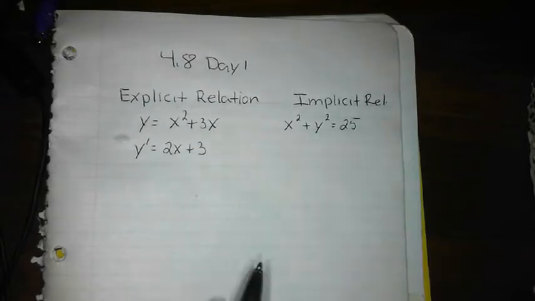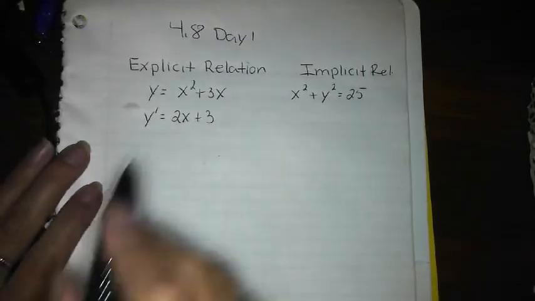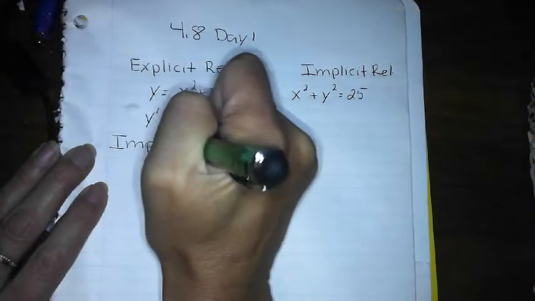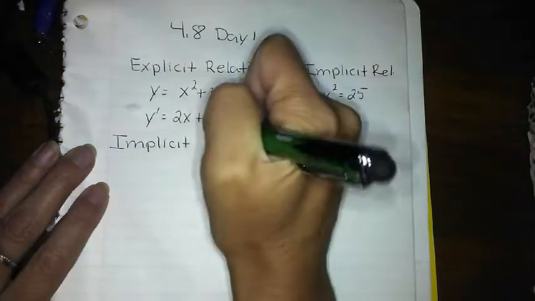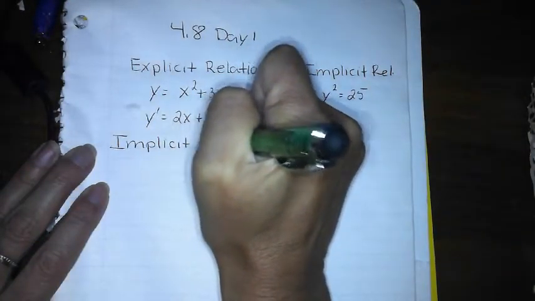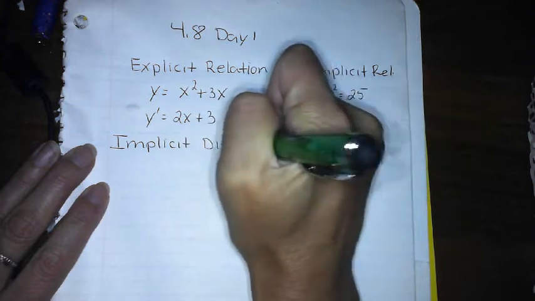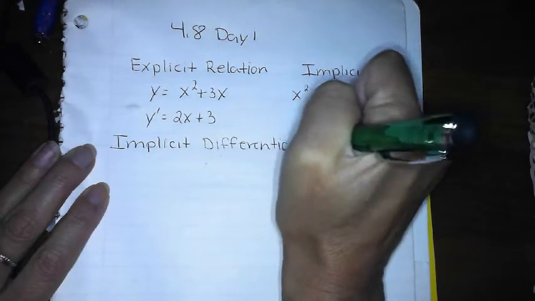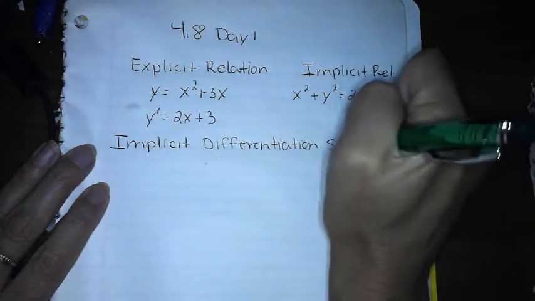So there are 3 steps to follow. The implicit differentiation steps.